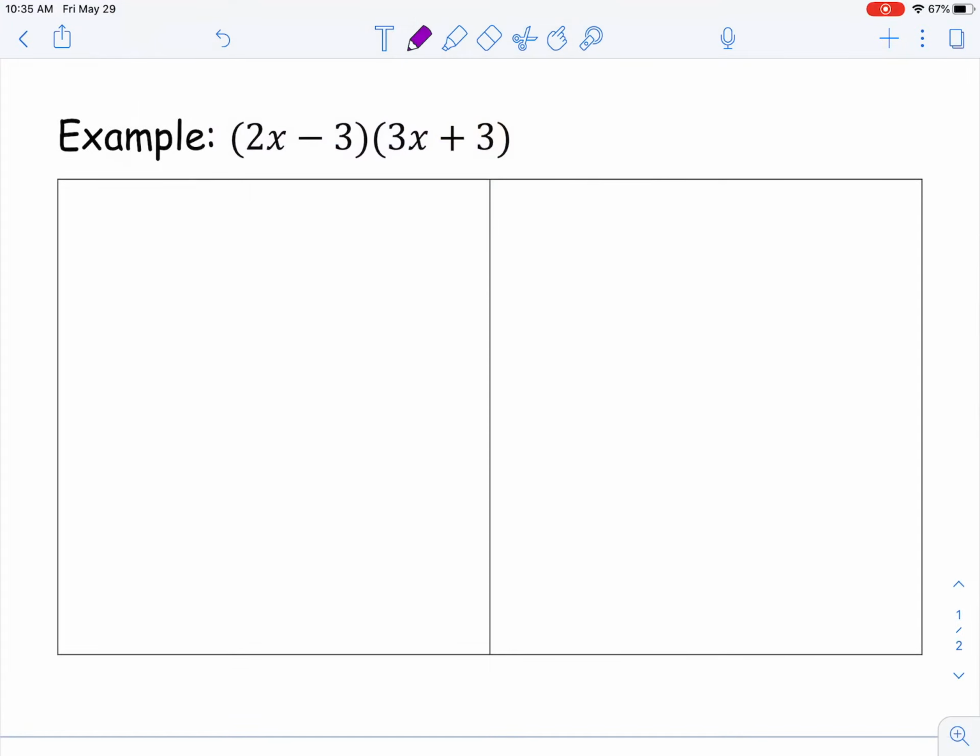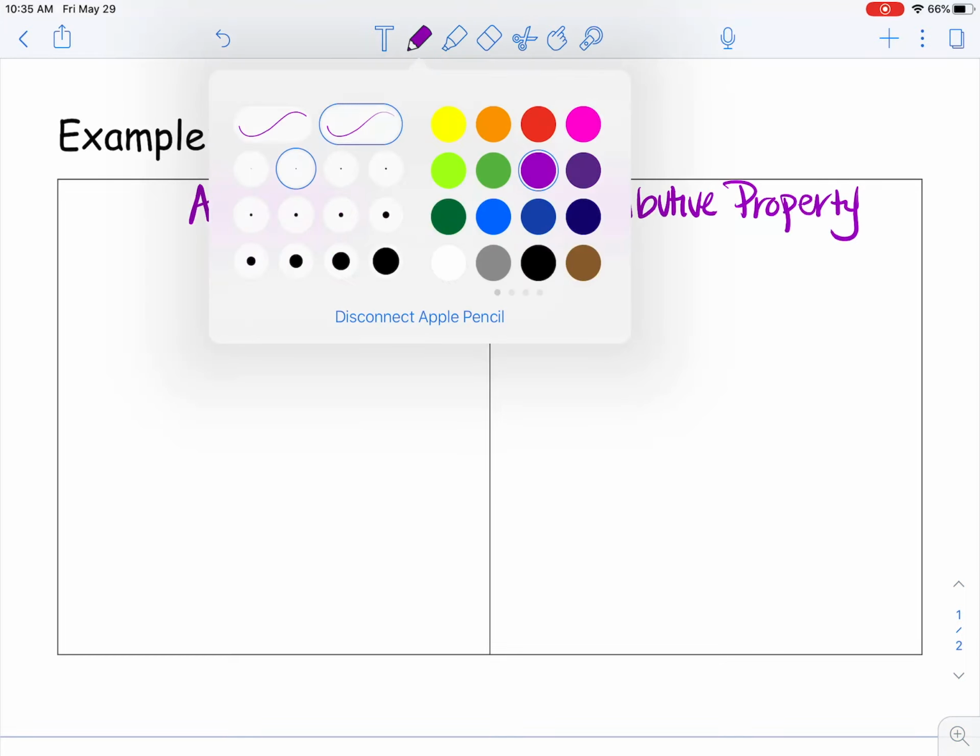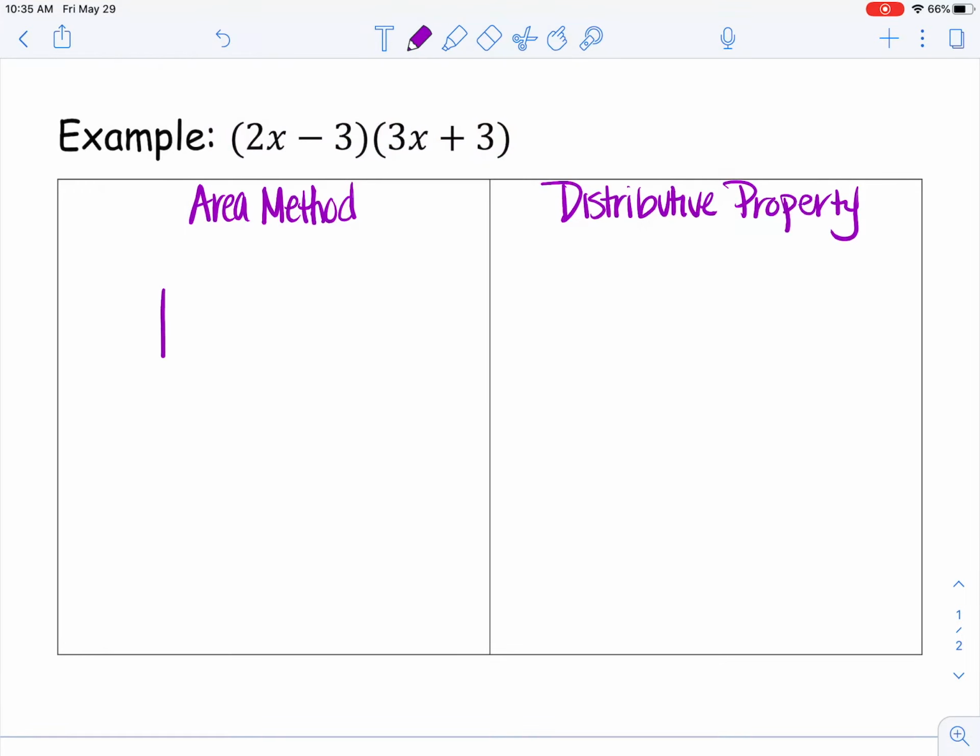Okay, again, I'm going to give you both methods. I'm going to show you the area method again and the distributive property. Okay, let me draw my box here. This area method would work for anything.